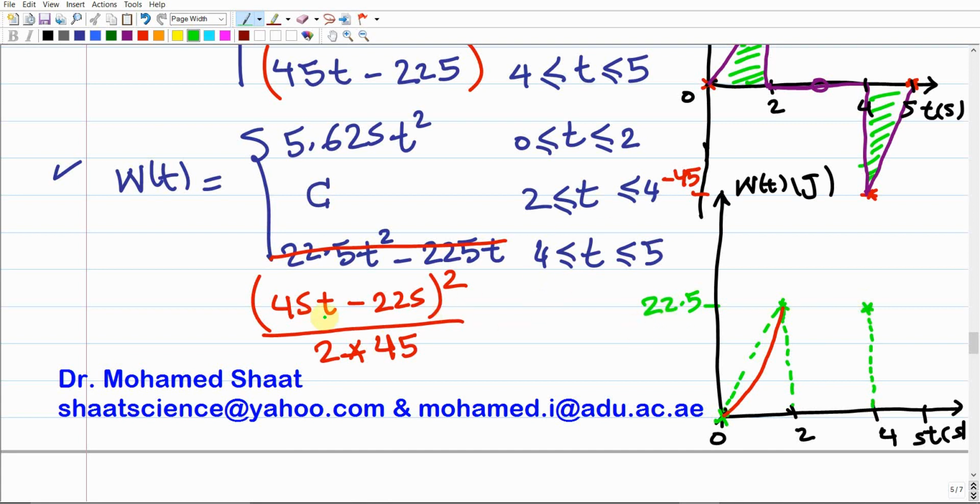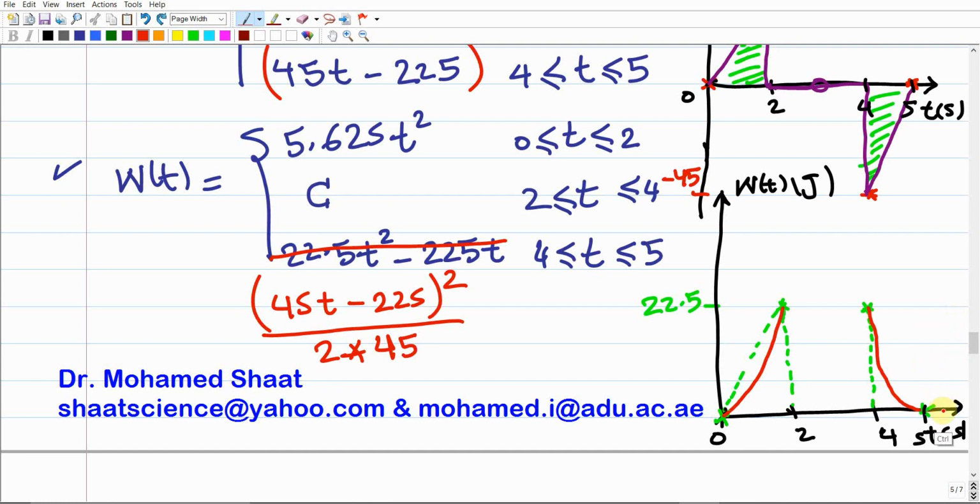Then if you plug in t equals 5, this gives us 45 times 5 negative 225, which gives us 0. This term will be 0 when t equals 5. It means we end up with a second point. As you can see, we end up with a curve, and the curve should go down to have a U shape that is open up.